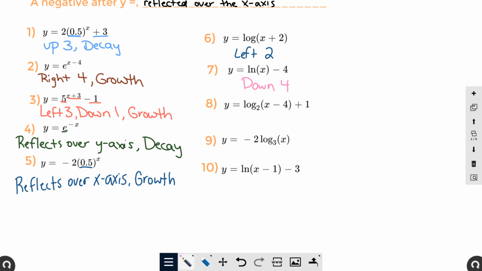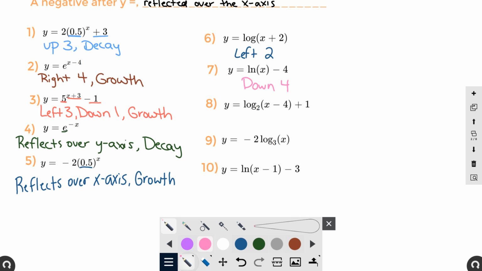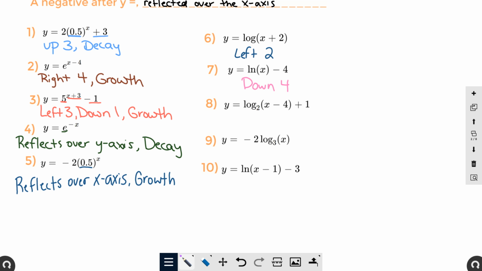Yep, because it is outside of the parentheses, so it's at the end. All right, what about question 8? Good, right 4, up 1. Right 4, up 1.